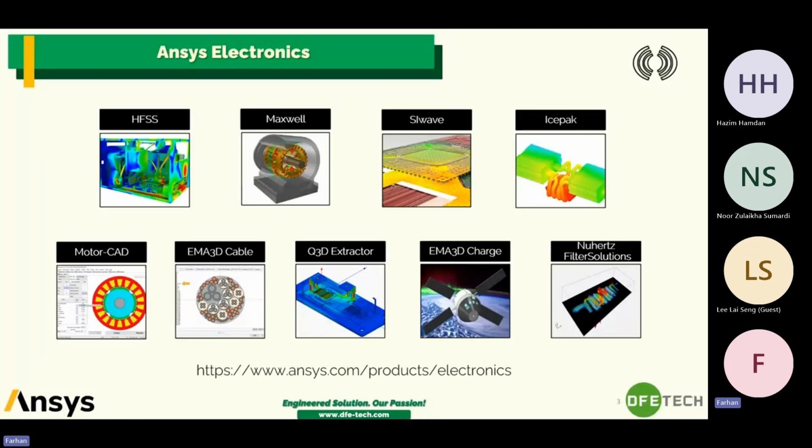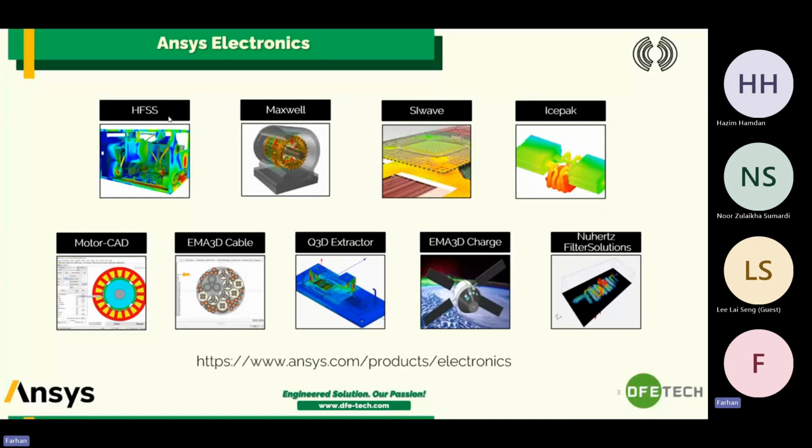So in Ansys Electronics, we have HFSS, Maxwell, SIwave, ECAD, EMA3D Cable, Q3D Extractor, EMA3D Charge, and Nuhertz filter solutions. And if you want to know more about these products, you can search through this link here, ansys.com/products/electronics.